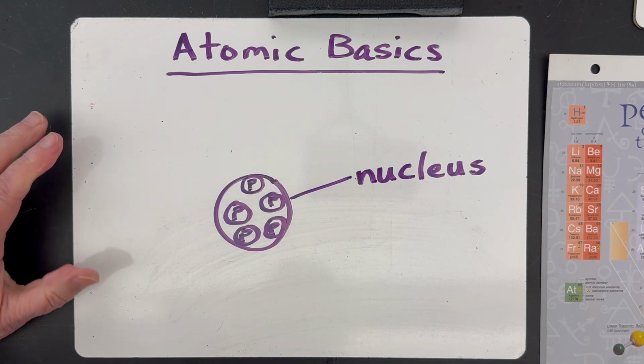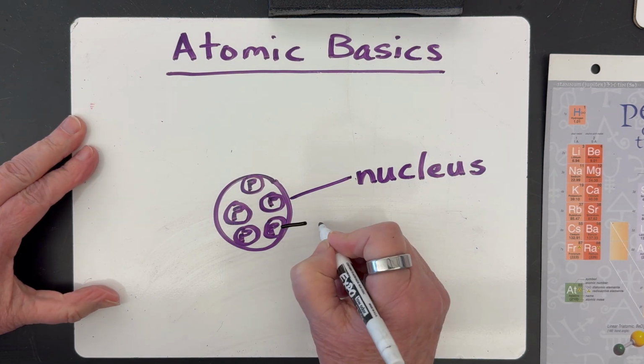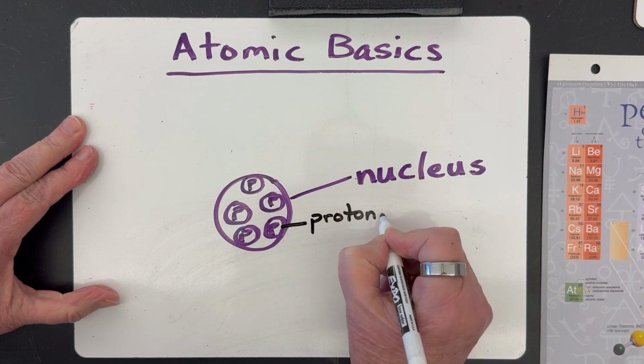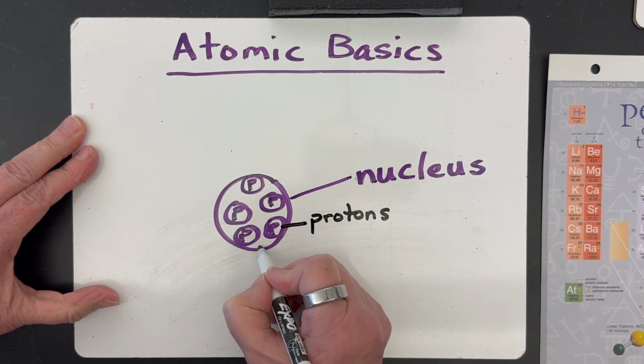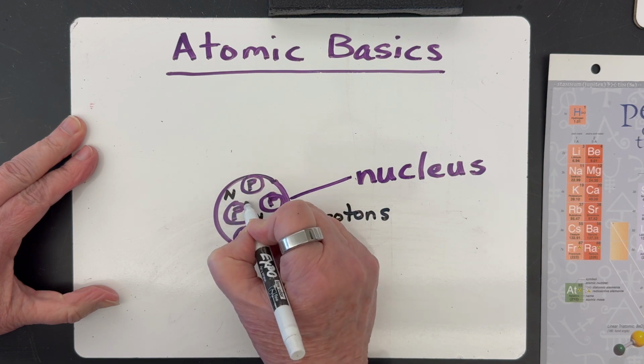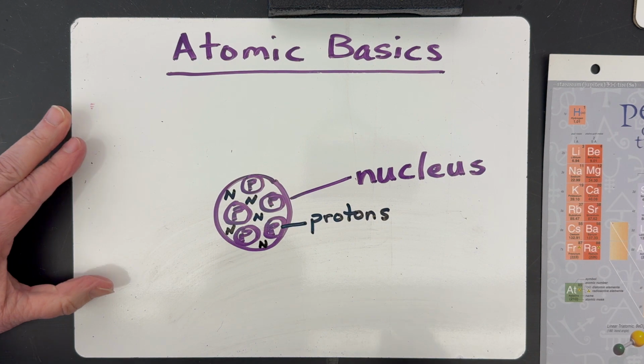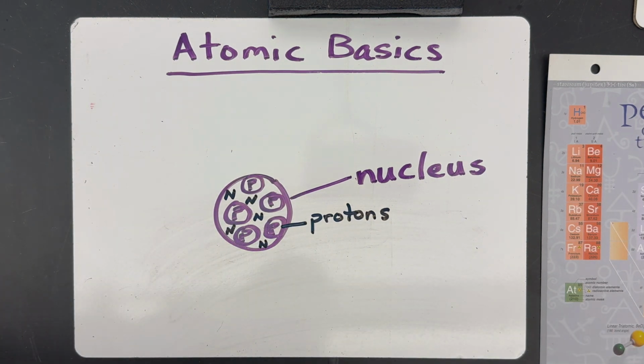So we're going to need some neutrons in there. So we're going to have protons in the nucleus, and we are also going to have some neutrons in the nucleus. And these neutrons are going to help spread out the protons so they don't have to be next to each other.